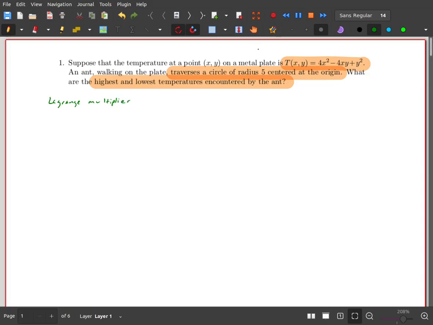So the Lagrange multiplier requires an objective function and a constraint function, or multiple constraint functions if possible.